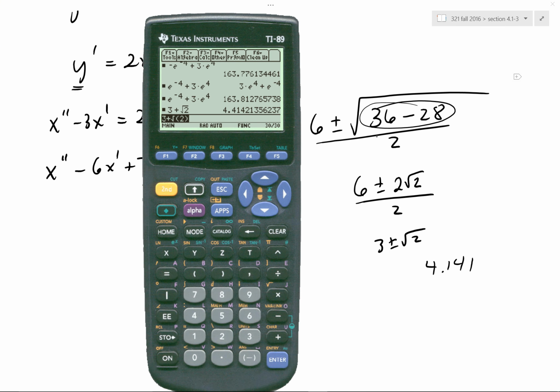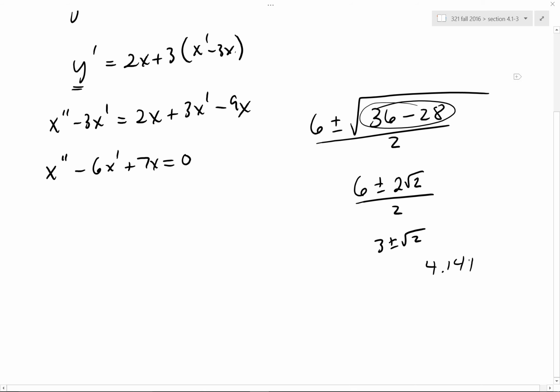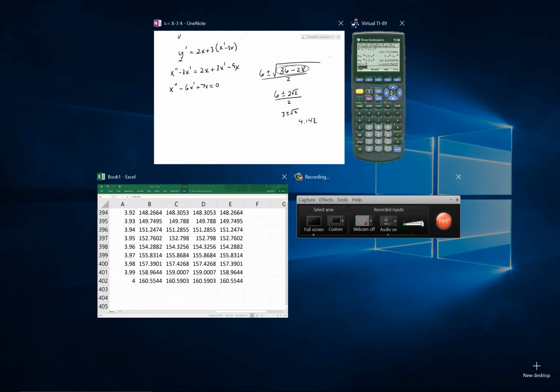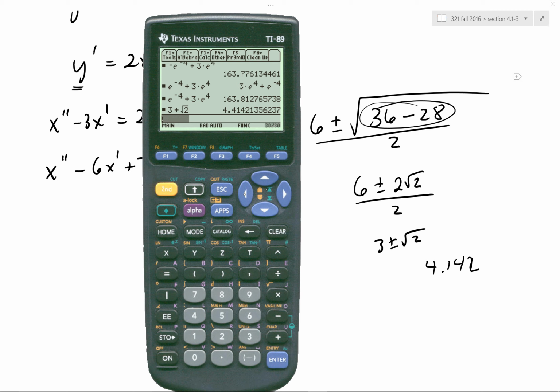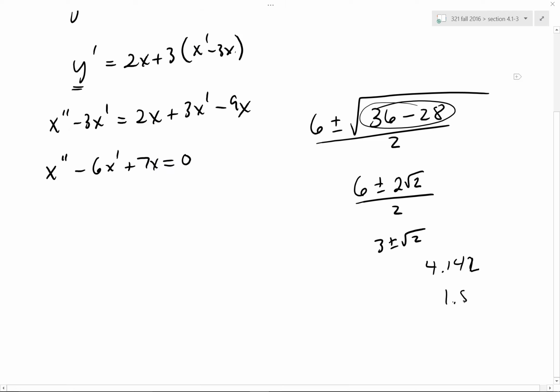Oh, that's a 2 actually, isn't it? Sorry about that. Nice. 1.587 or something. Okay, now of course, round that as much as you want.